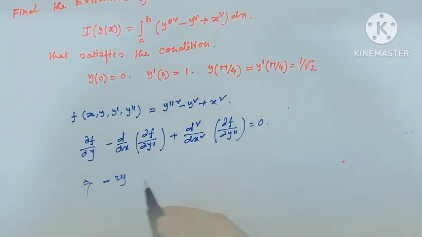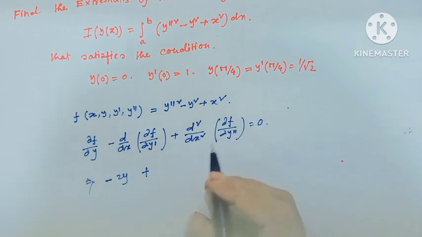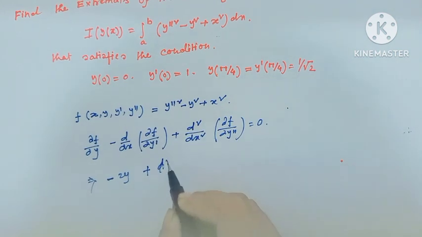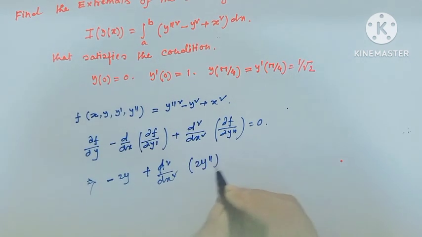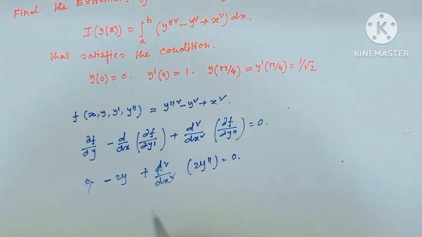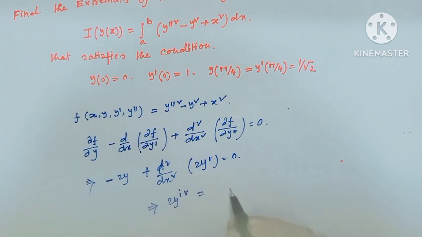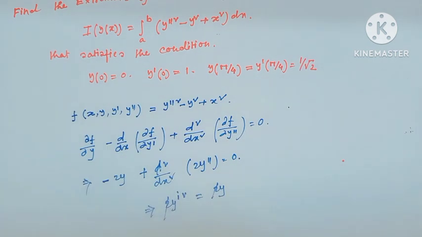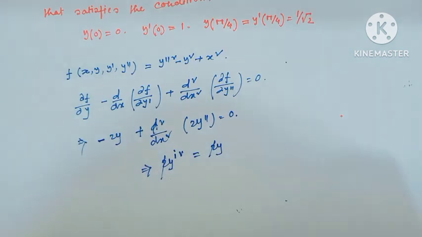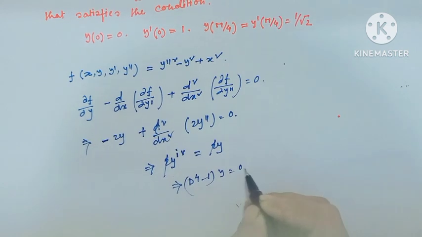Here the middle part would be 0, plus d2/dx2 of 2y double prime equal to 0. That implies 2y to the power 4 equal to 2y. Just cancel 2 on both sides. Then this implies (D4 minus 1) y equal to 0.